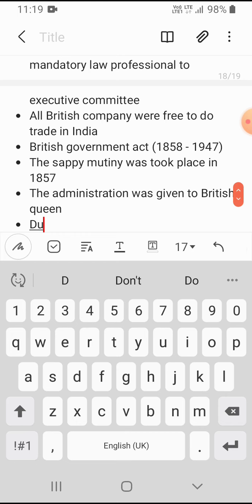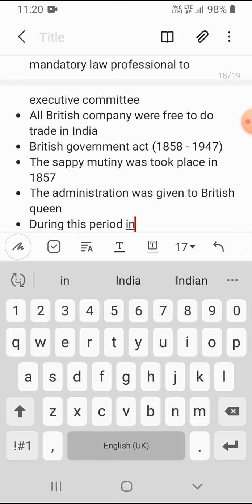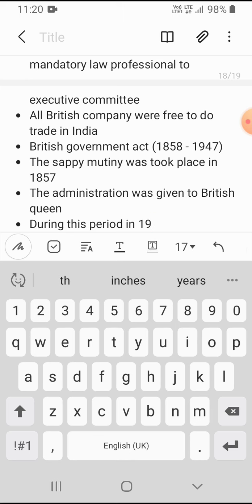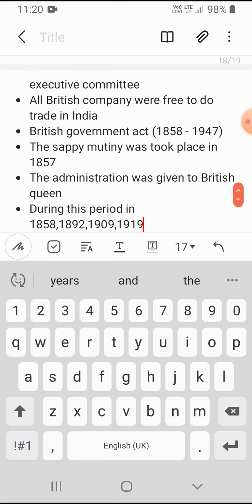During this period, in 1858, 1892, 1909, 1919 and 1935, the Government Act was implemented.